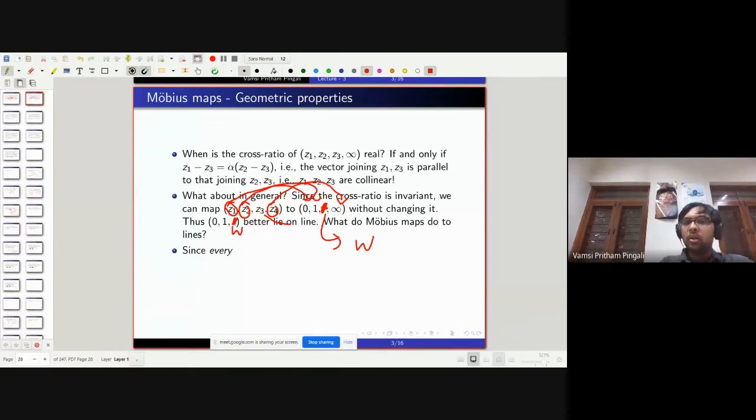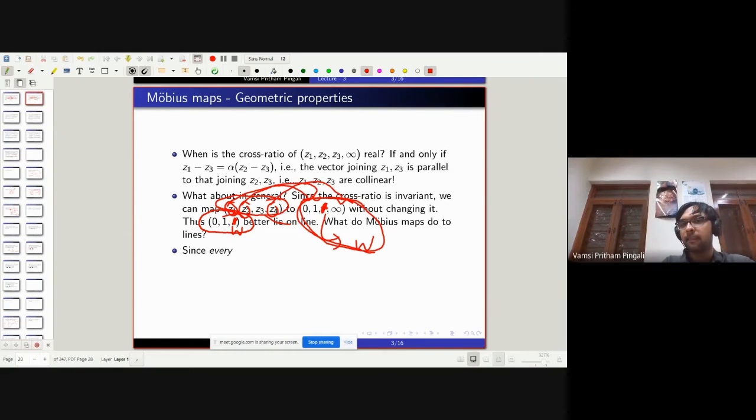Now the bottom line is the cross ratio of these 4 points is real if and only if the cross ratio of these 4 points is real. Why? Because the cross ratio does not change when you use a Mobius transformation. And the cross ratio of these 4 points is real precisely when these three lie on a straight line.